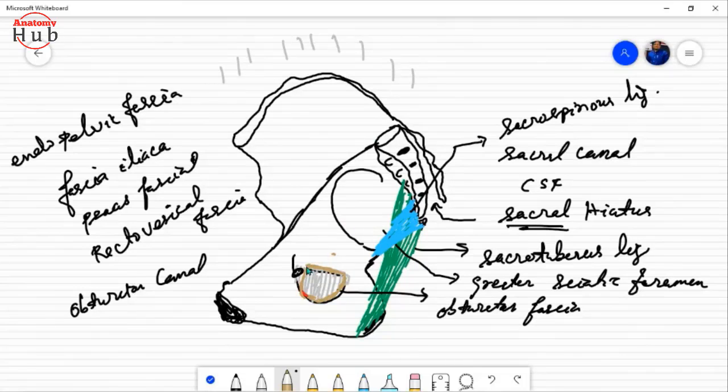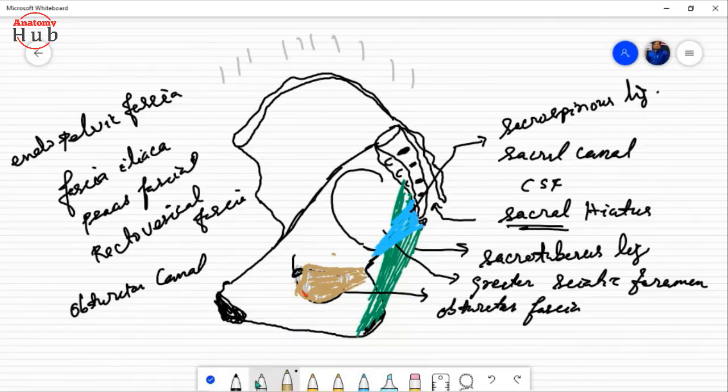Here you'll see there is one muscle that arises from this obturator membrane and from the edges of this obturator foramen, and that muscle is going towards your lesser sciatic notch, right? So these are the fibers of the muscle, and this muscle is going towards the lesser sciatic foramen.